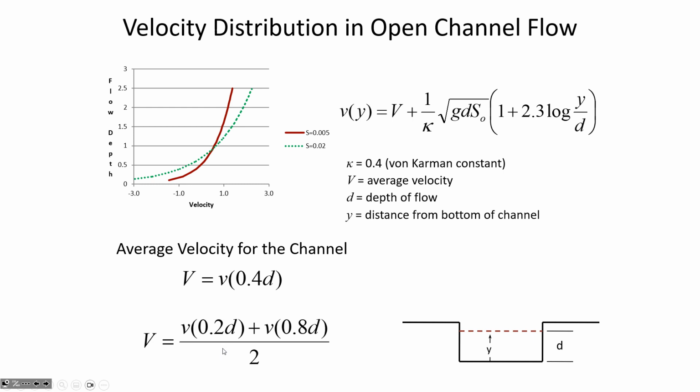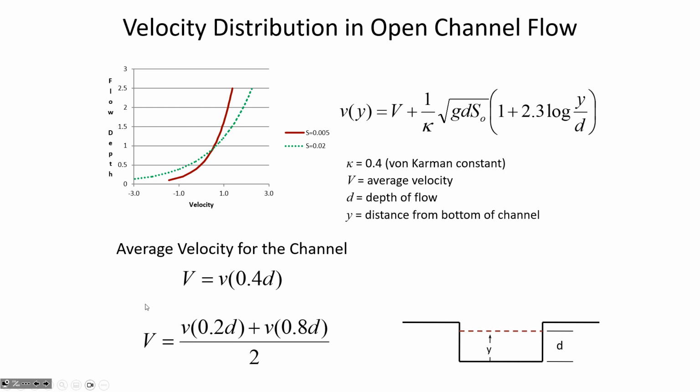So these two equations are doing the opposite thing. The one on top is telling you what is the velocity at a certain depth based on the overall average velocity. But then these are saying, if you know the velocity at a location, how do you find the overall average velocity for the entire depth of the channel based on that point location?